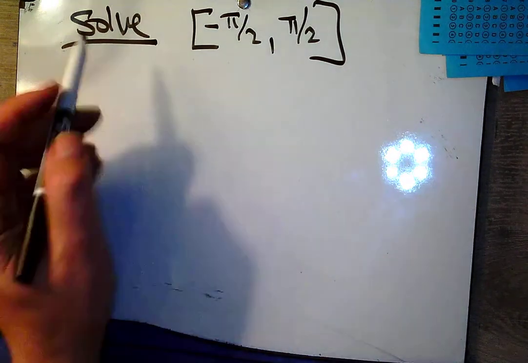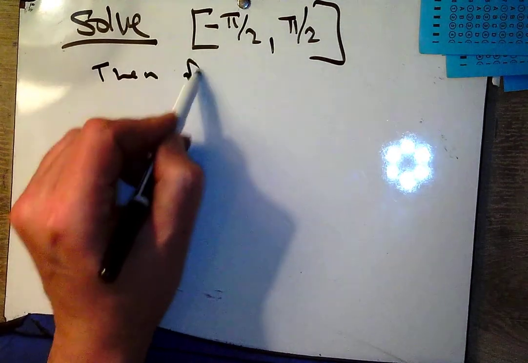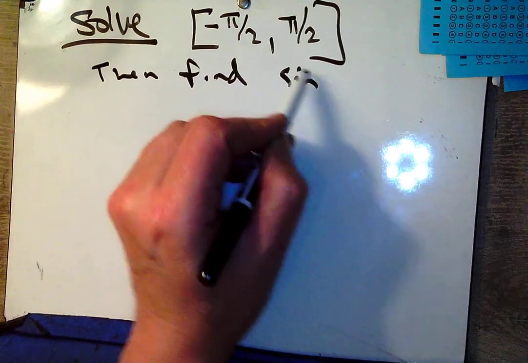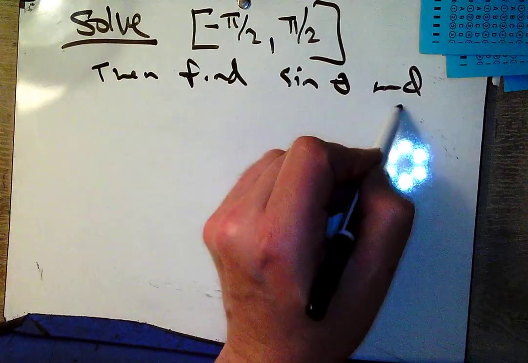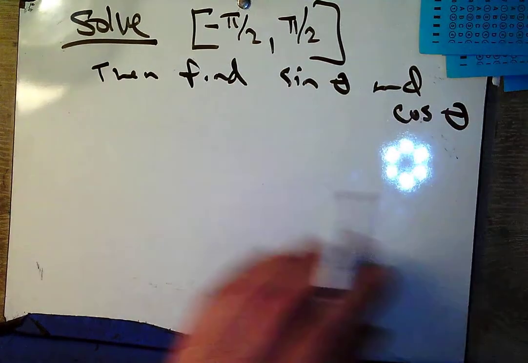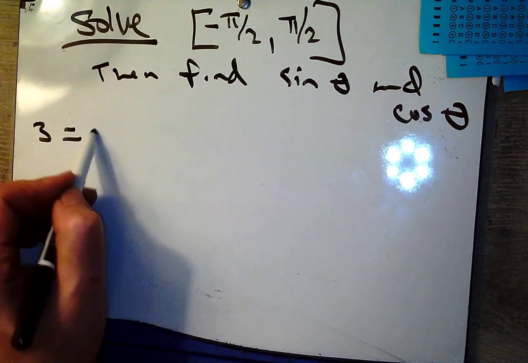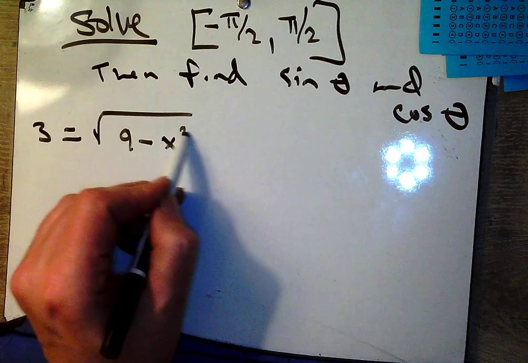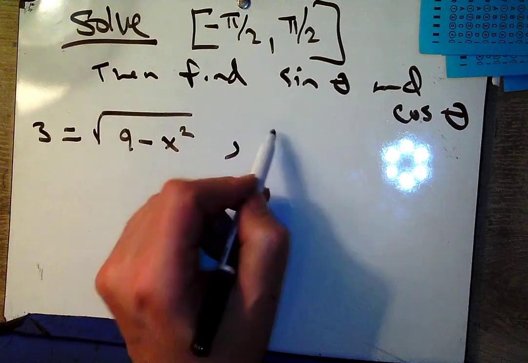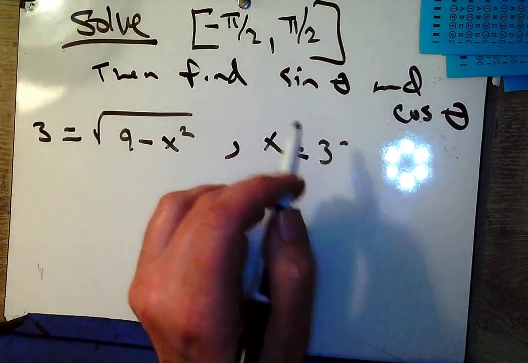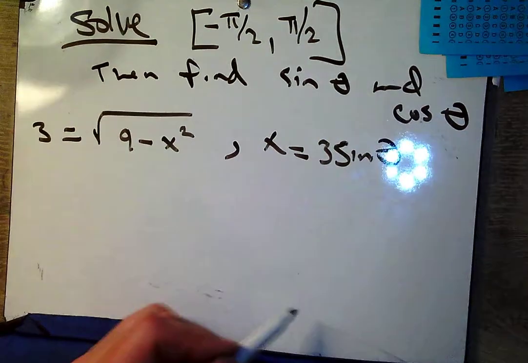And then it says, then find sine of theta and cosine of theta. Well, I'm not quite sure what that's all about, but let's see what the problem says. 3 equals square root of 9 minus x squared, comma, x equals 3 sine theta.